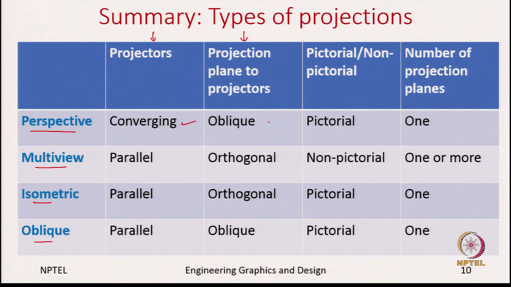For perspective, since they are converging, of course, they are not making 90 degrees with the projection plane. So, these are not equal to 90 degrees, whereas for the multi-view and isometric we said they are orthogonal or 90 degrees. And again for the oblique, since they are intersecting at an angle, this is again other than 90 degrees.